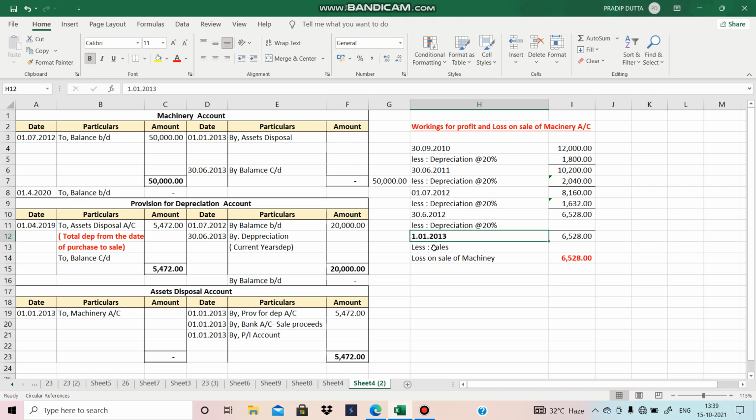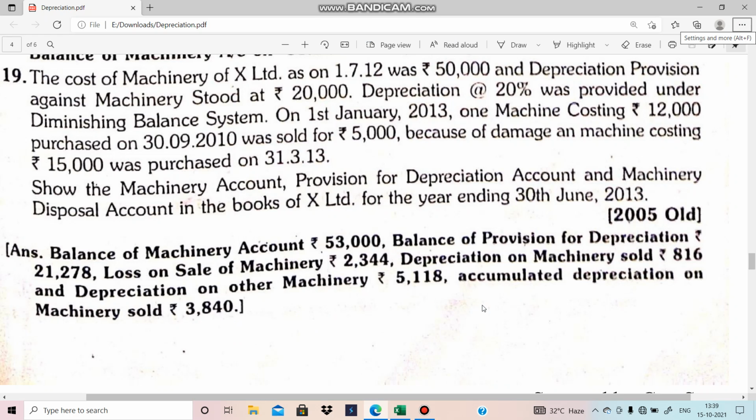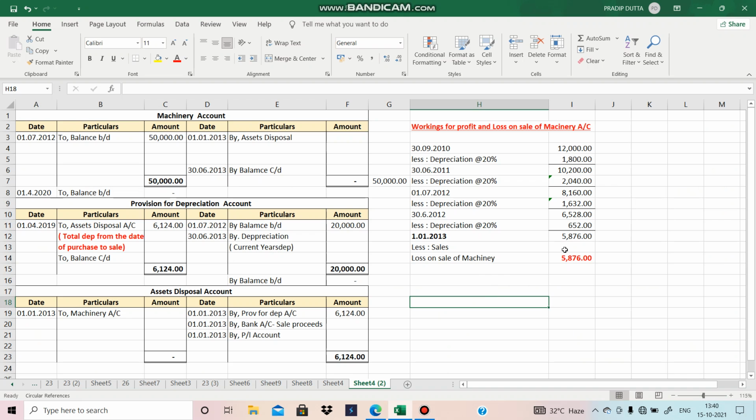July, August, September, October, November, December, that is only 6 months. So the 6 months depreciation will be 816, and the written down value is 7,344. And what is the sale price? The sale price of the machine is 5,000.